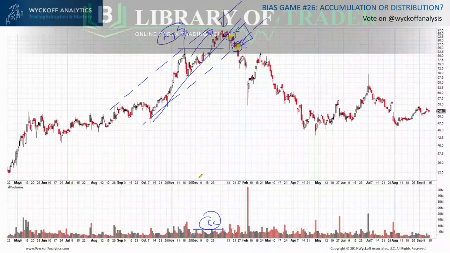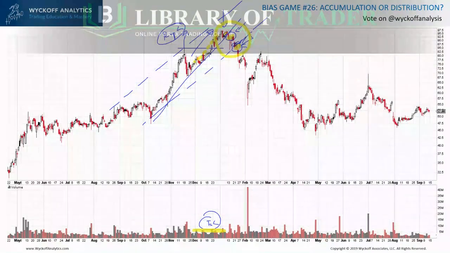And that happens after this precondition, right? So this failure has a little bit more relevance to us than, let's say, some previous attempts. Once we go below into the sign of weakness right here, then we definitely see this as a signal. This is the signal that this uptrend is done.